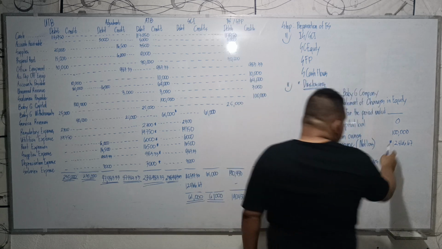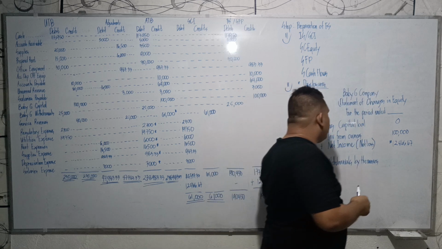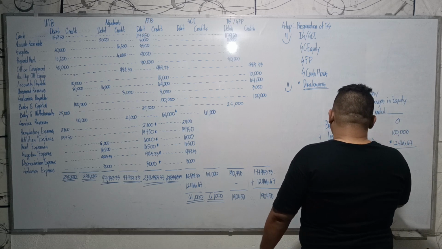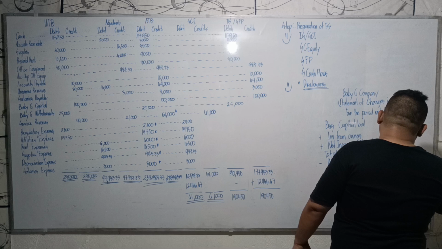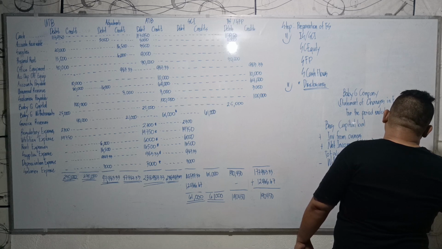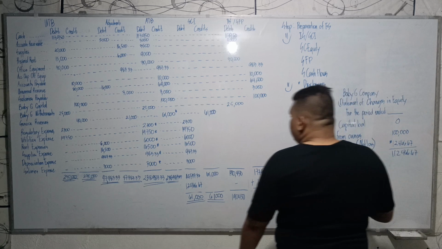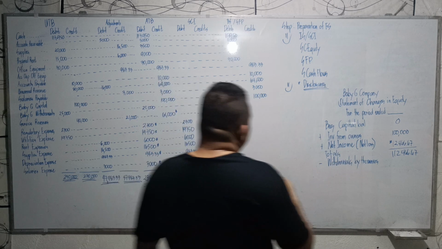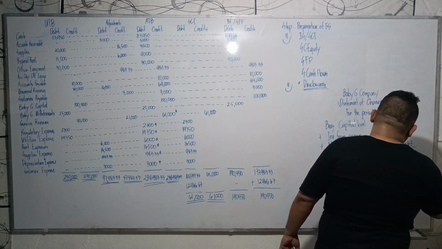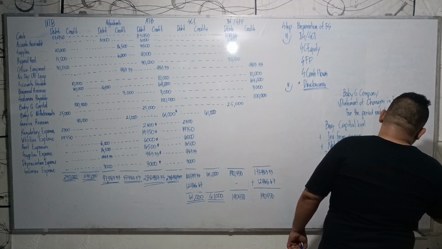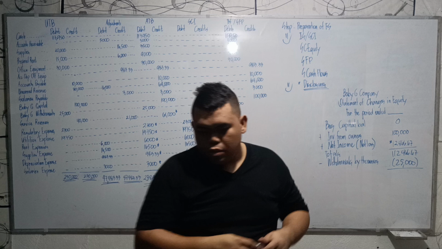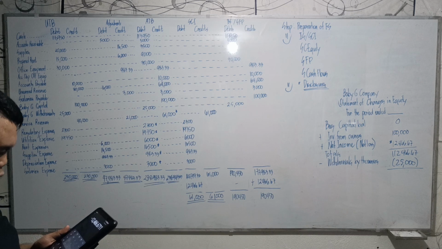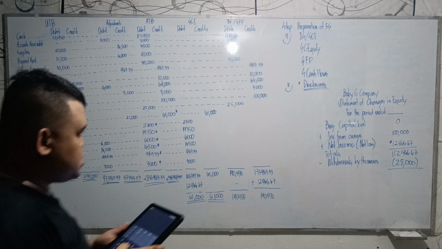Okay? because of this. Okay? Now, let's go to the withdrawals of the owners. But before that, let's total first. So the total is 112,466.67. And then we have withdrawals by the owner. So we have 25,000. So we have to deduct that. So that's it. We just have to summarize. So we have 100,000 plus 12,466.67.